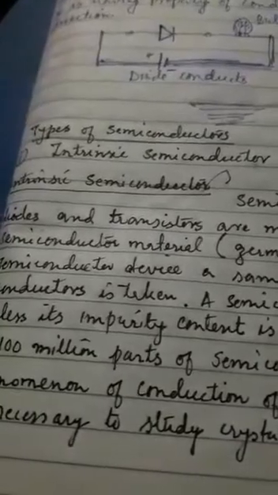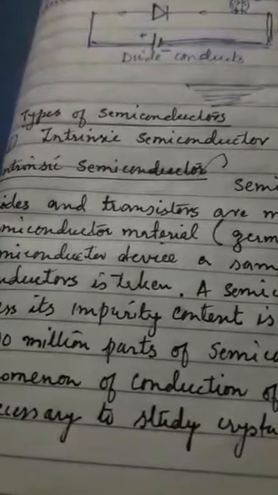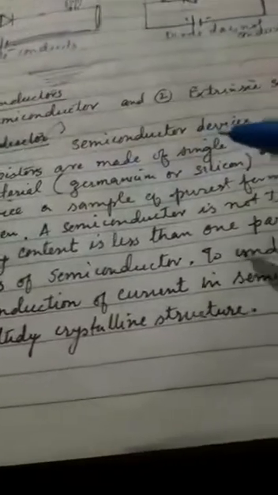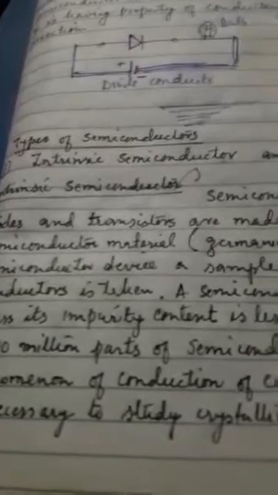This was the topic for today, only the types of semiconductors, and previously I discussed semiconductor diodes. I will again tell you the types of semiconductor: intrinsic semiconductor and extrinsic semiconductor. Intrinsic semiconductor is the purest form of semiconductor, made up of silicon or germanium, which I have already told you lastly.